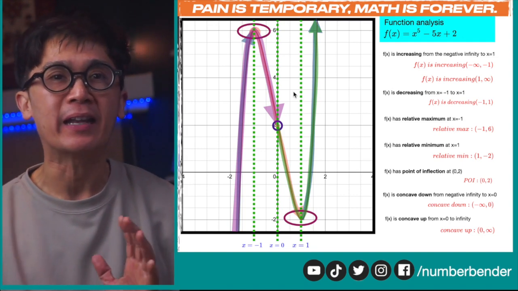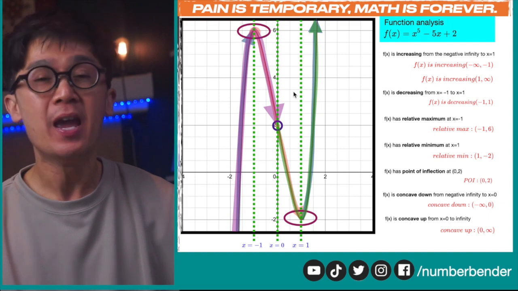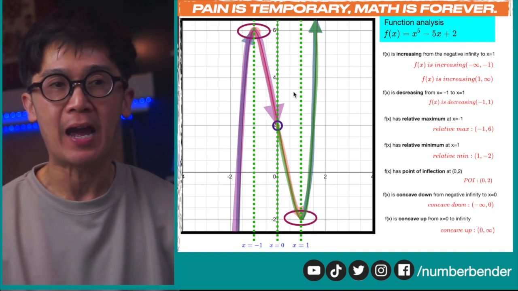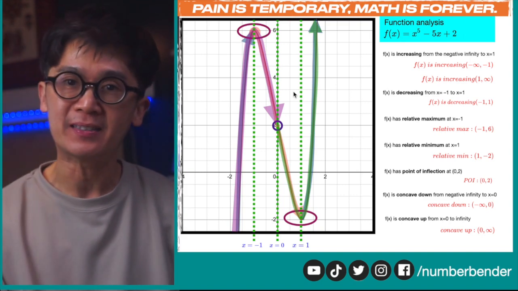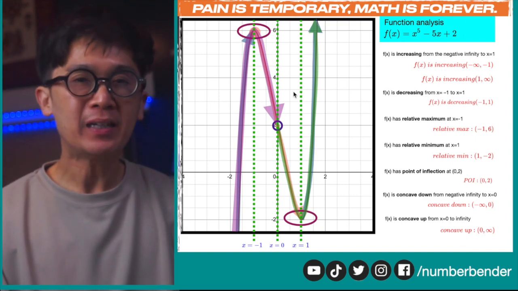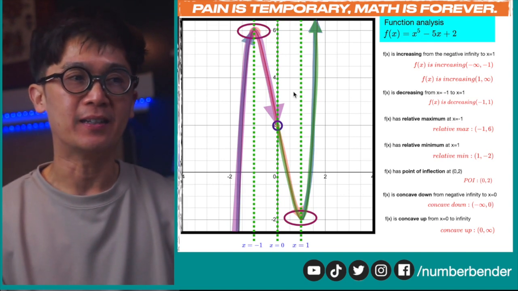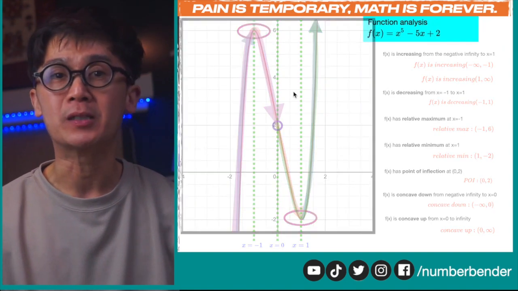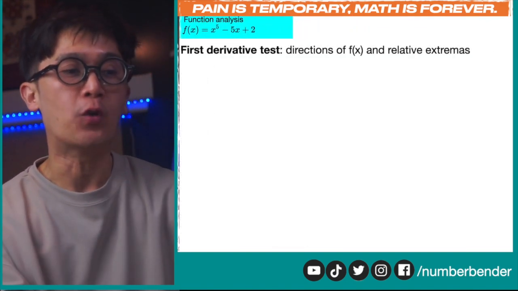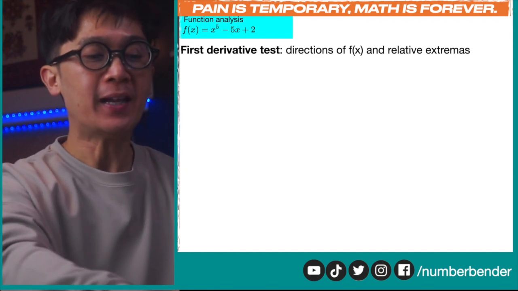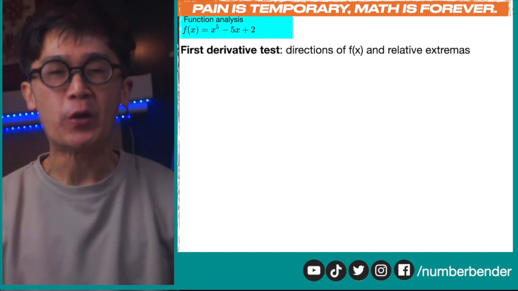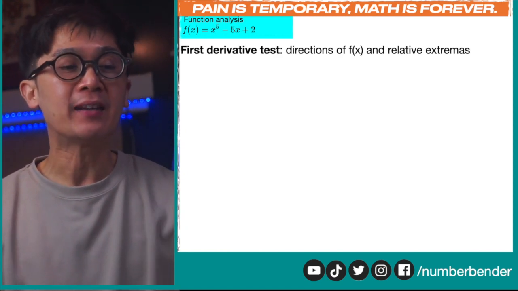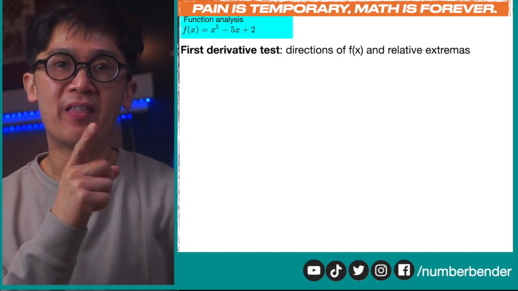This is what we call the application of derivatives, where without seeing the graph, just like what you're seeing right now, which we analyzed in our slide, we can repeat our analysis given only the function x to the fifth minus 5x plus 2, and that is our challenge for today. How can we give the analysis or the behavior of our graph given the function?